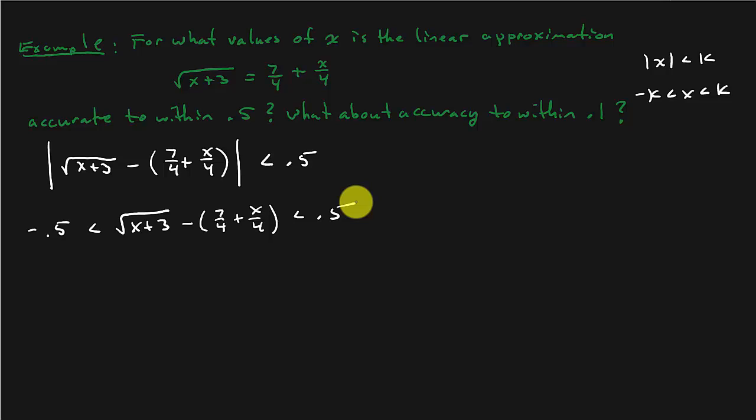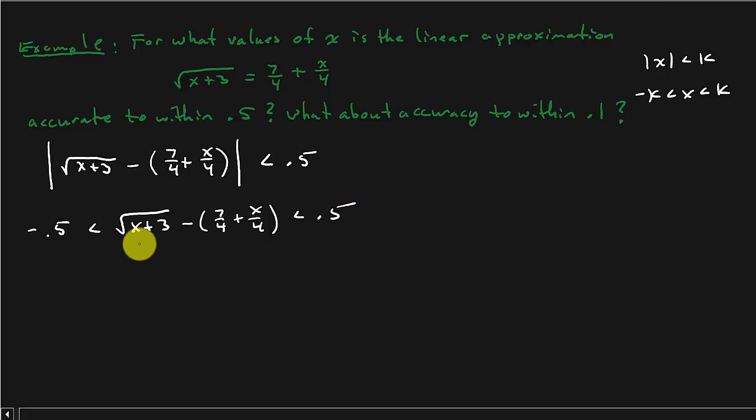And so what I'm going to do now is subtract the square root of x plus 3, because I want my approximation, which is this, to be within the 0.5. So I'm going to subtract this, and get this in the middle. I'm solving for 7/4 plus x over 4.